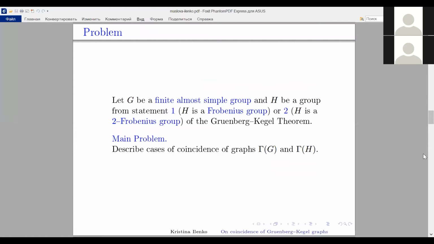In other words, let G be a finite almost simple group and H be a Frobenius group or a 2-Frobenius group of the Gruenberg-Kegel theorem. Then the main problem of our research is a description of cases of coincidence of graphs gamma of G and gamma of H.